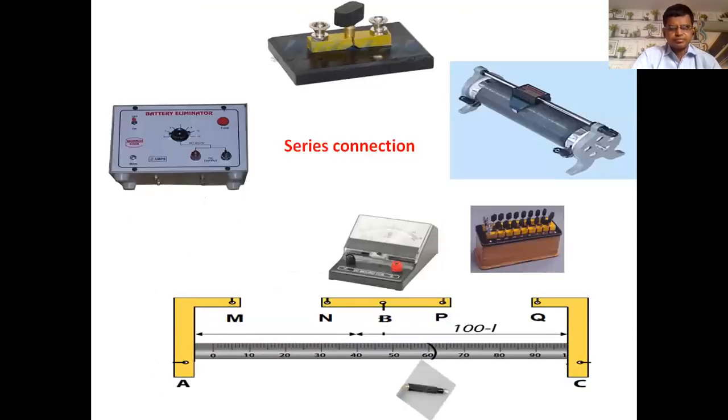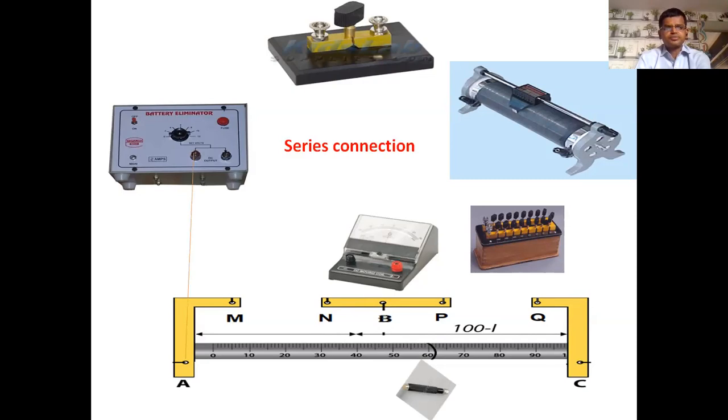For the series connection, always we set it like this. First we put the batteries, then the meter bridge, then the galvanometer, one R box, one rheostat, and the simple key. Starting the connection, we always show from the batteries.